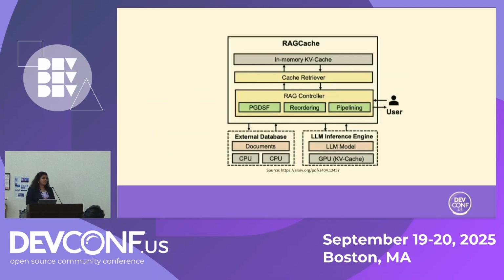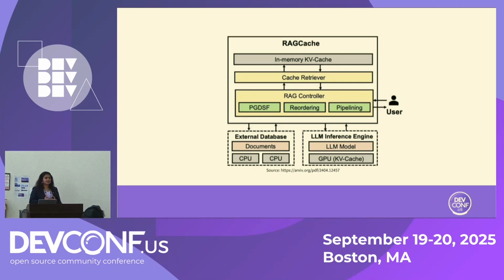So how does the infrastructure work? RAGCache has a RAG controller and a cache retriever. The RAG controller orchestrates the interactions between the LLM inference engine, the cache retriever, and the external database.